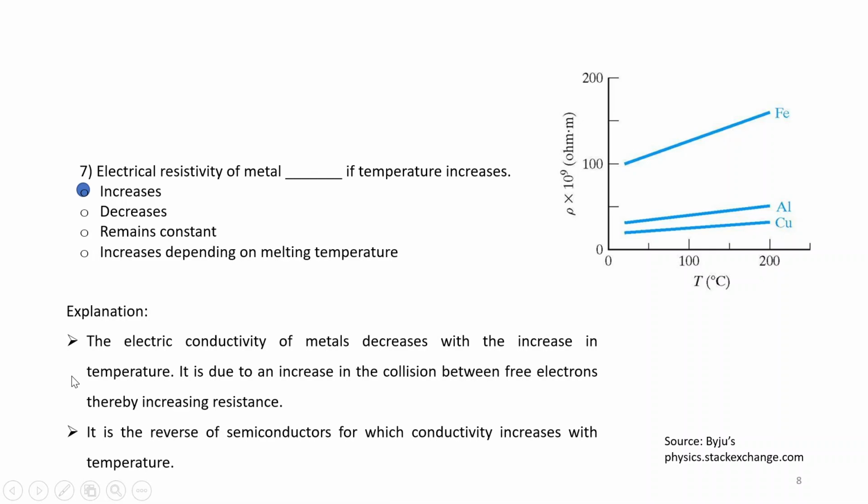So the electrical conductivity of metals decreases with an increase in temperature, and it is due to an increase in the collision between free electrons, thereby increasing resistance. It is the reverse of semiconductors, for which conductivity increases with temperature. In case of semiconductors, there is a different phenomenon.